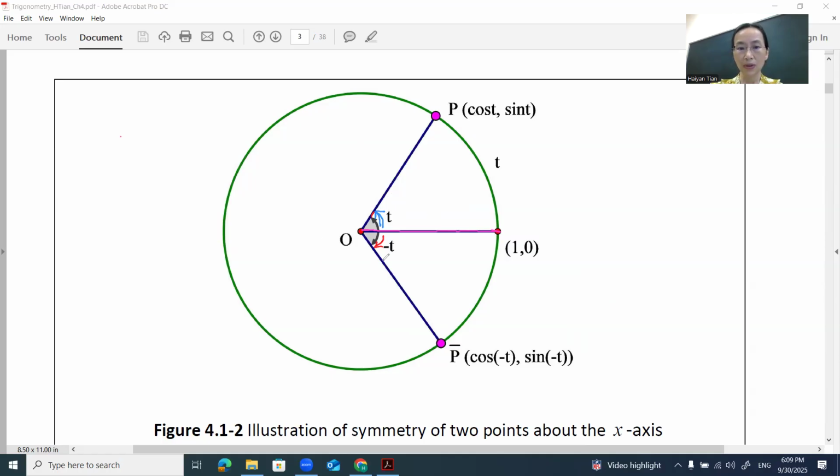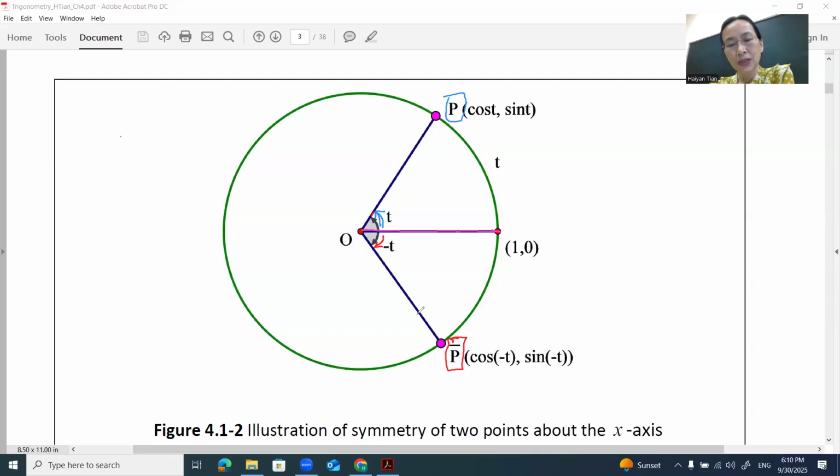And when you go clockwise, that's a negative measure t. And we pick the point corresponding the positive t, that is the P here. And we pick a point on the unit circle, that is the point on the unit circle corresponding to the negative t.